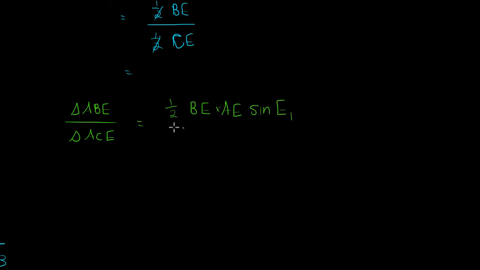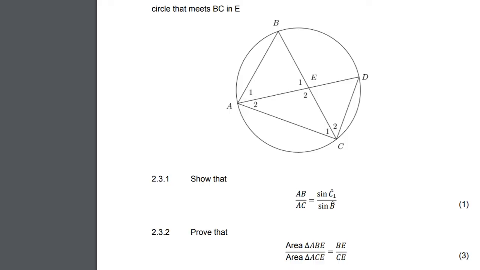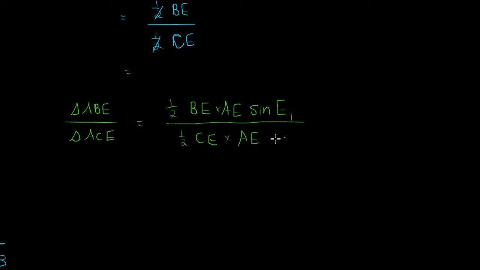Sine E1 over a half CE, that's the base, times the common side, AE. So you see I use this side and that side, and then I'm going to use the inclusive angle. So sine E2. Okay, and then these obviously cancel, and so I'm left with BE over CE.